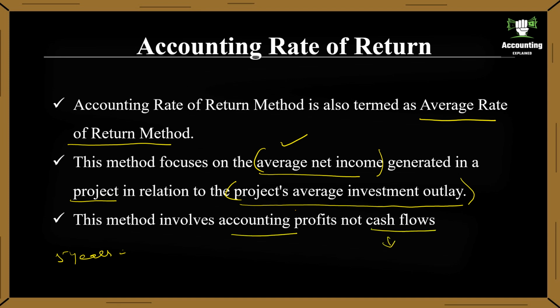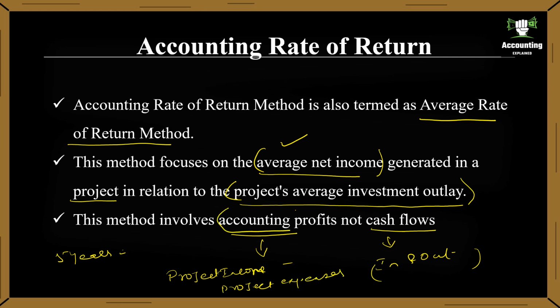Cash flows are cash coming in and going out of the business, whereas accounting profits are project's income minus project expenses. So ARR considers accounting profits and it does not consider cash flow.